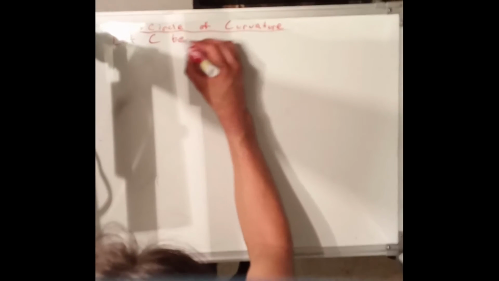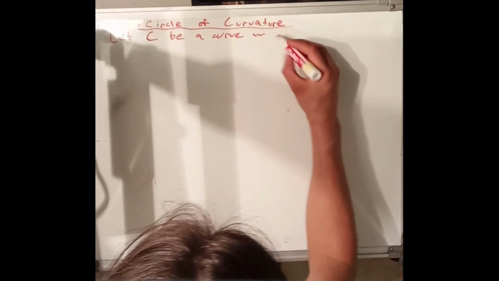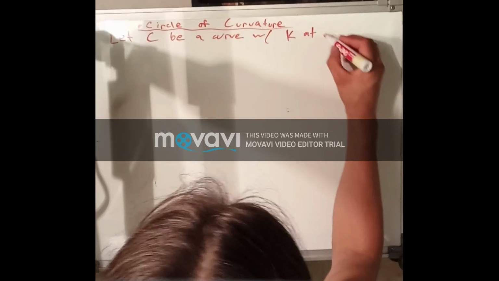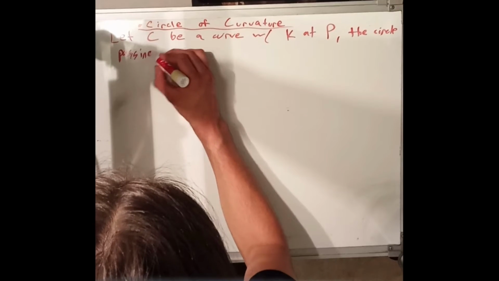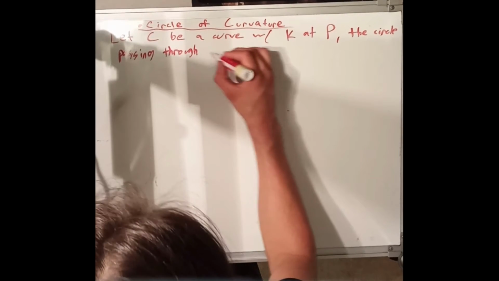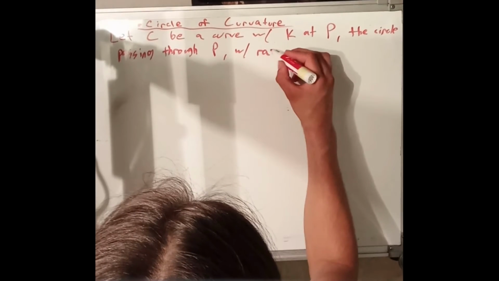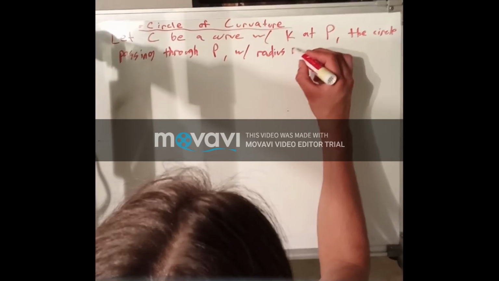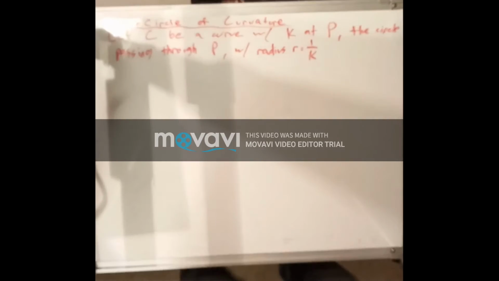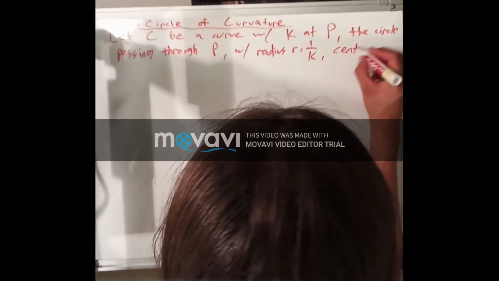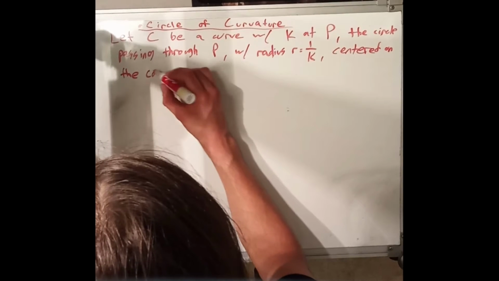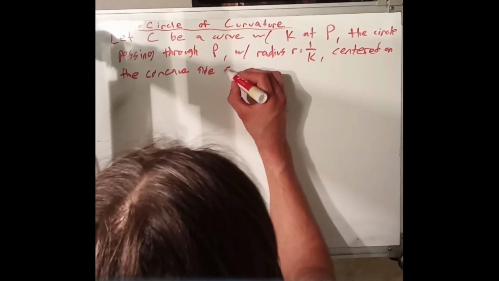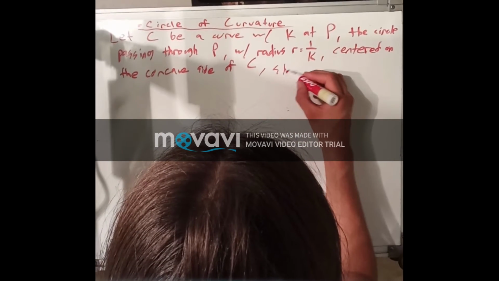Let C be a curve with a curvature K at a point P. The circle passing through the point P with radius given by the formula from earlier, centered on the concave side of the curve, sharing a common tangent with P.